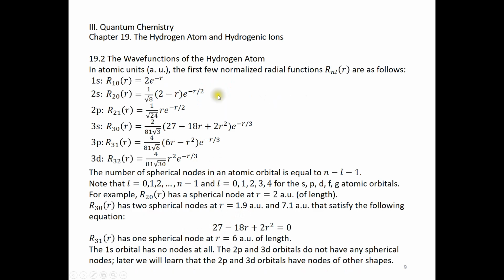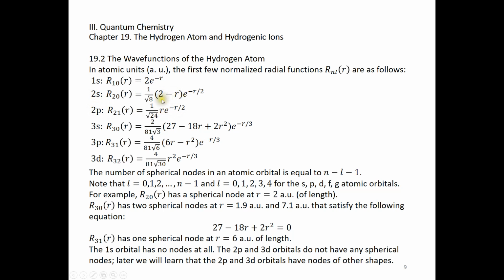In atomic units, the first few normalized radial functions of r are this. They look a little simpler. So 1s orbital has an exponential function e to the power of negative r. 2s, 2p: e to the power of negative r over 2. 3s, 3p, 3d: e to the power of negative r over 3. And now if you look at the polynomial function of r over here between 2s and 2p, there's some difference.